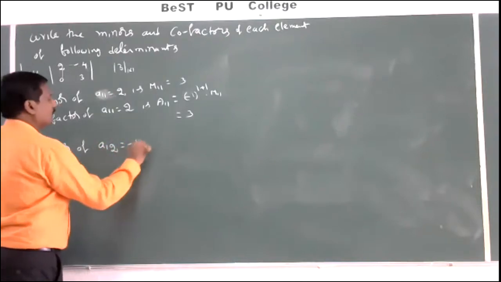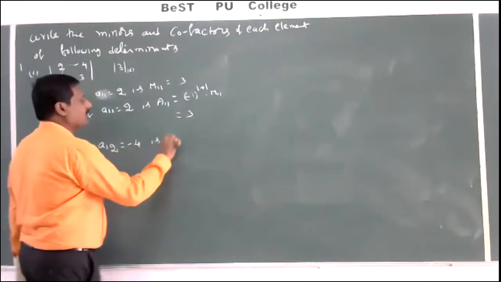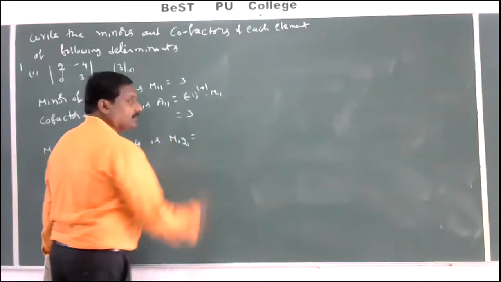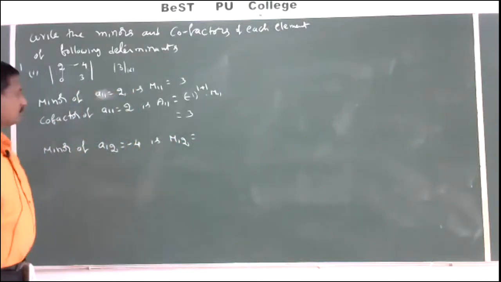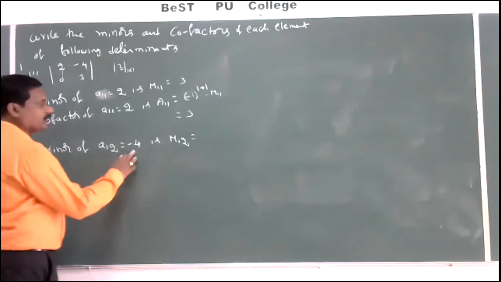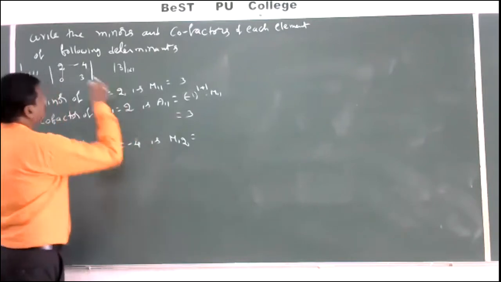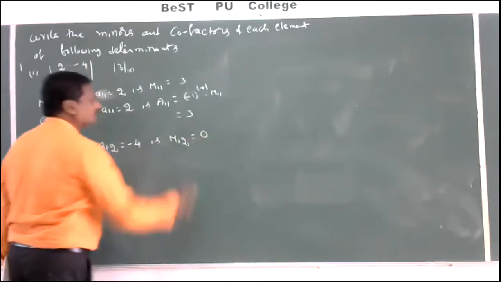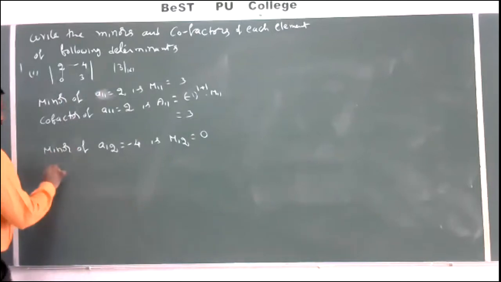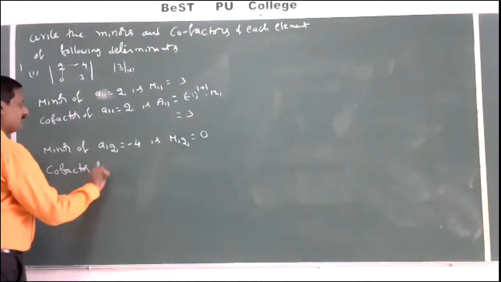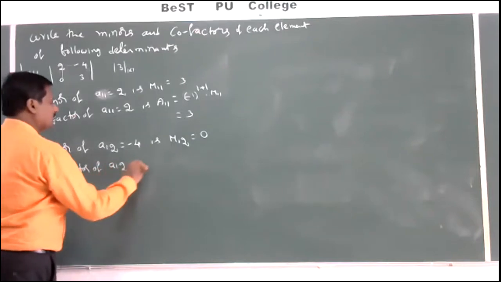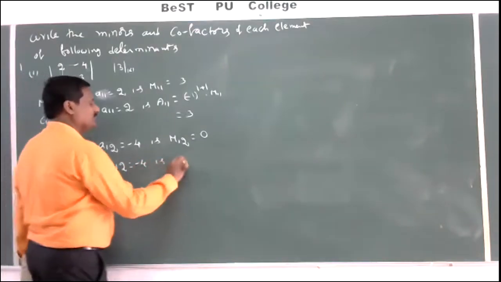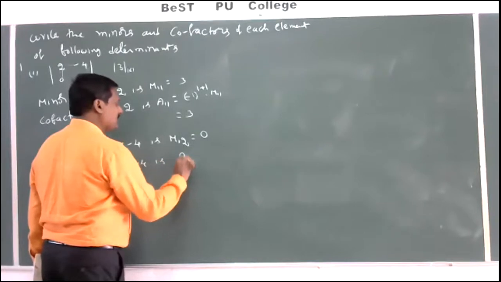Next, the minor of a12 that is equal to minus 4 is capital M12. This is equal to, where the element is present, leave that row and column. Here first row and second column, the remaining element is 0. Next, the cofactor of a12 that is equal to minus 4 is capital A12.